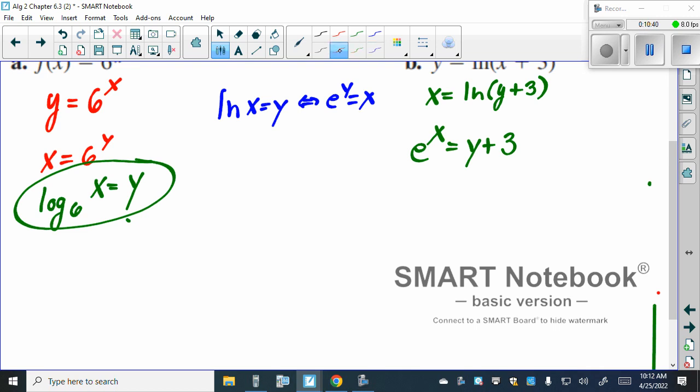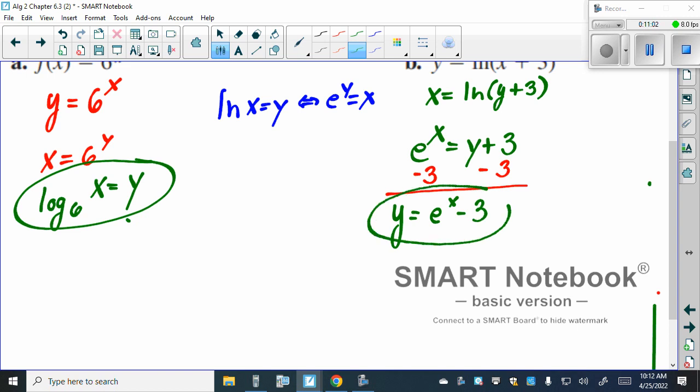Any questions on this so far? Now, what do we need to do to get y by itself? We need to subtract 3, which would tell us that y is equal to e to the x minus 3.